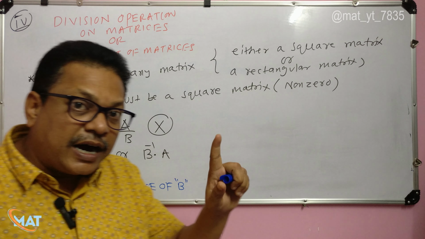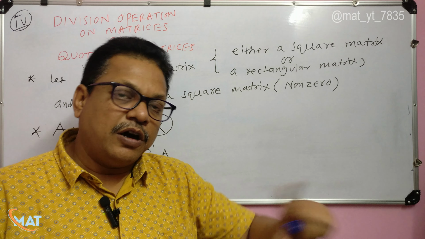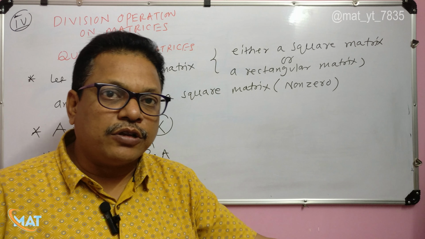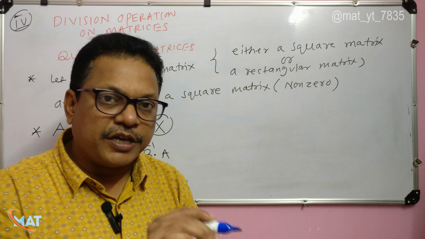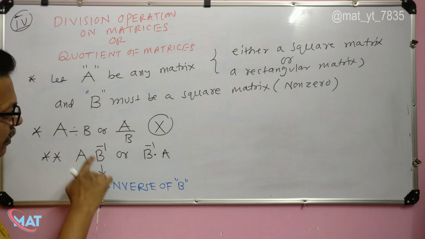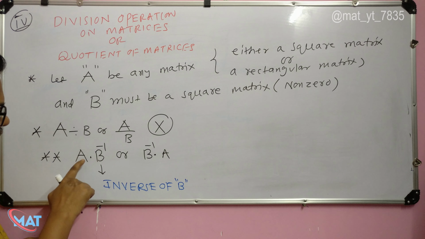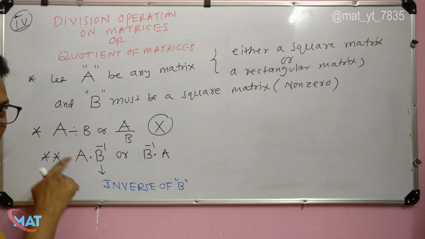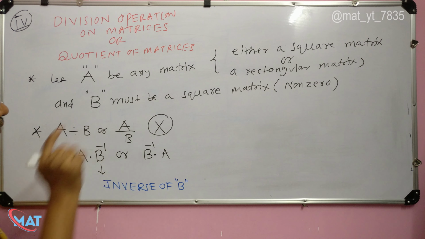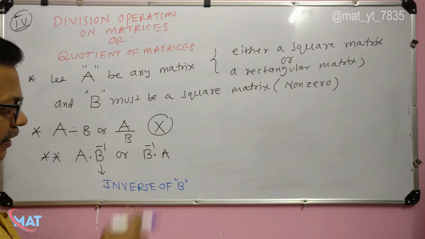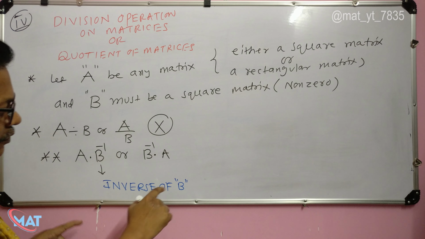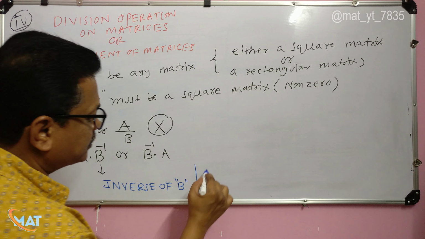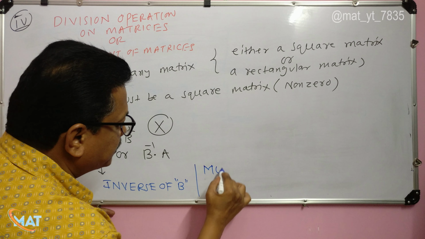There it is the additive inverse, and their orders may be anything, either rectangular or square, but in multiplication we write B power negative 1. Which one to prefer, this one or this one, depends on the size of matrix A, which is on top, to which you are going to multiply. So the inverse of B is called the multiplicative inverse.